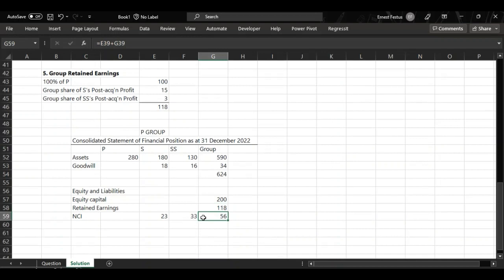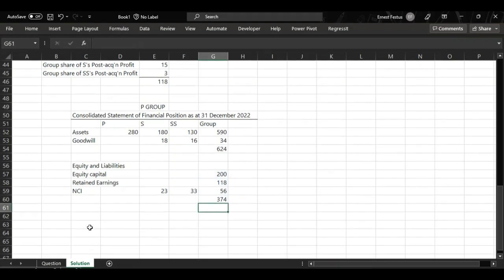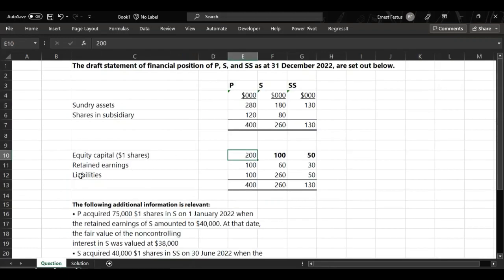So I can make it alt equals, and that's 56. Then I can sum it together, and then I will add my liabilities. We have liabilities right here, 100, 260, and 50.